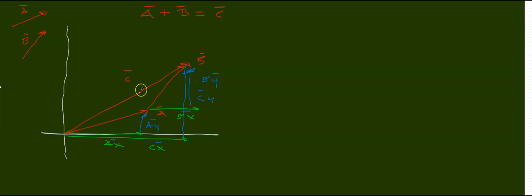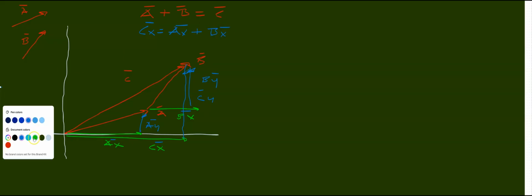You see how Cx, at least the magnitude of Cx, well, actually the vector Cx will be Ax plus Bx.